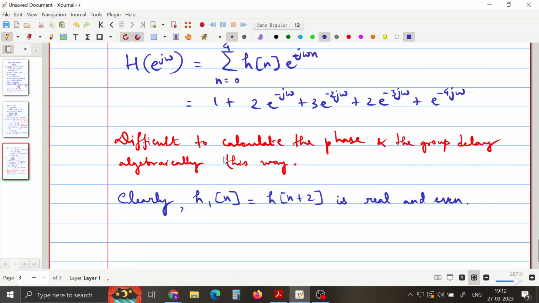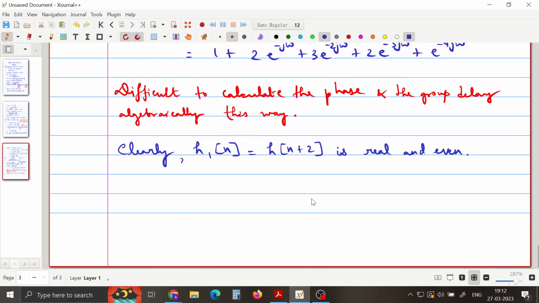Now by shifting it 2 samples to the left, we also have it as an even function. So h1 of n is real as well as even, and it will look kind of like this.